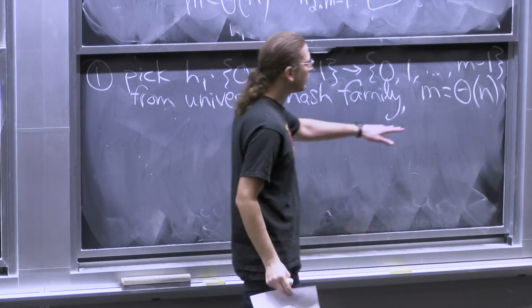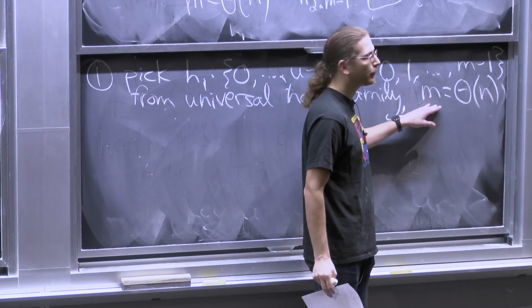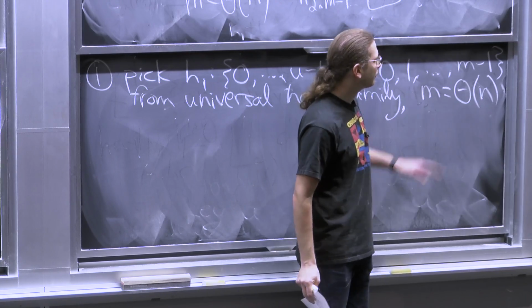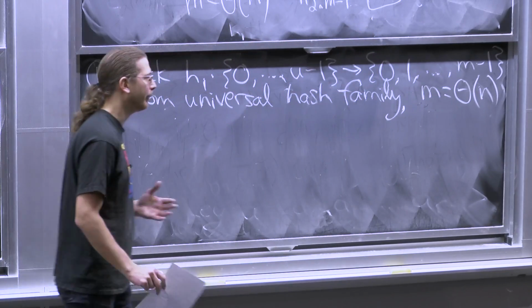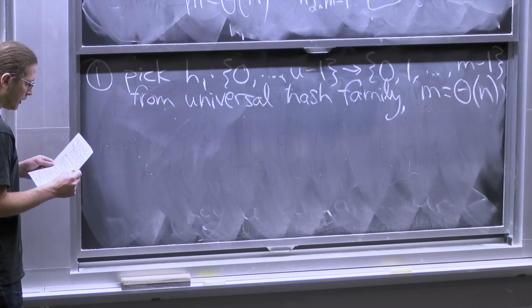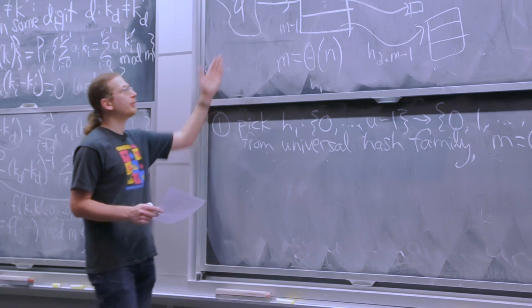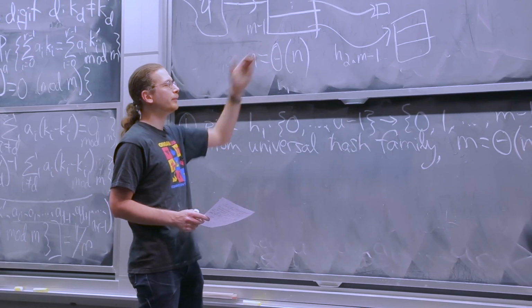I want to put a theta. I mean, I could say m equals n, but sometimes we require m to be a prime. So I'm going to give you some slop in how you choose m, so it can be prime or whatever you want. And then at the first level, we're basically doing hashing with chaining.